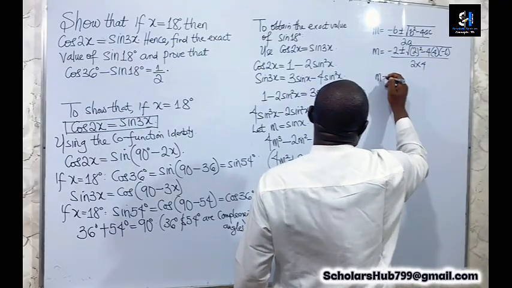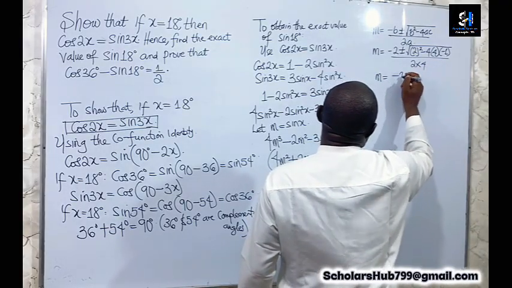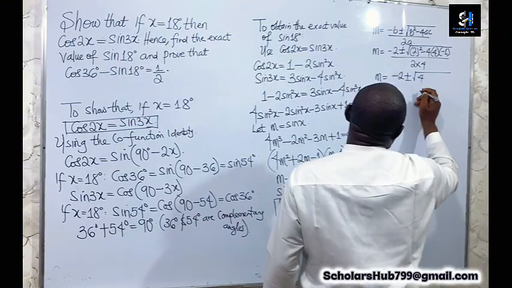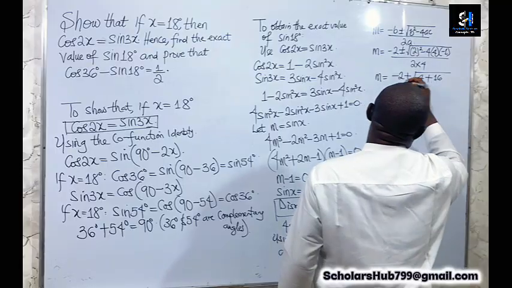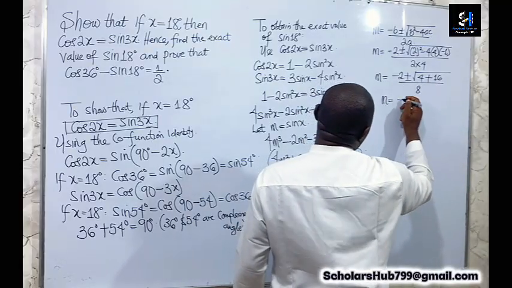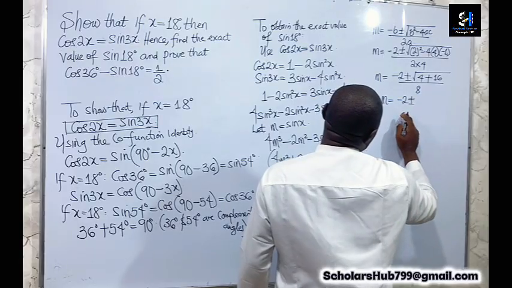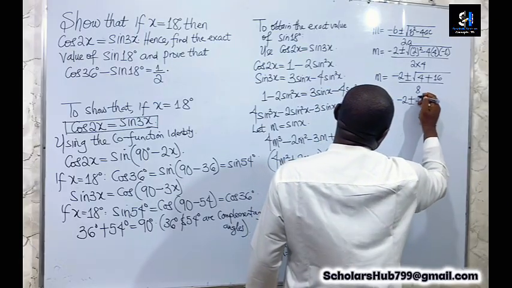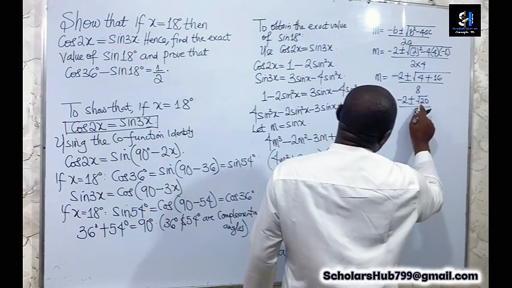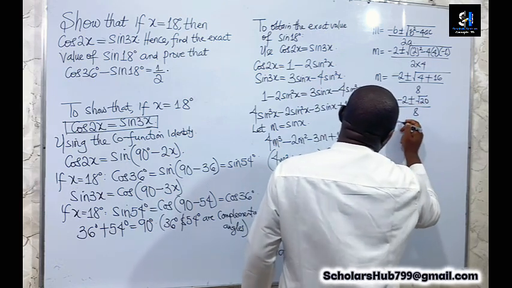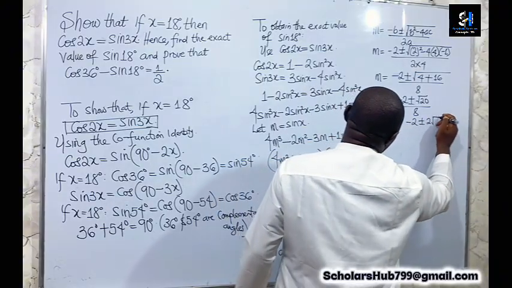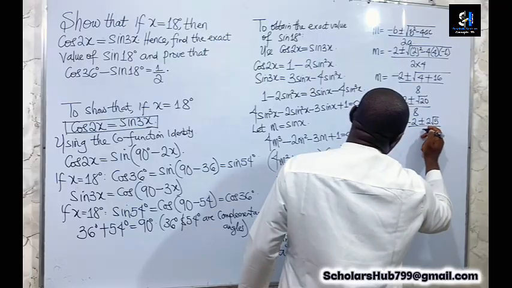So this will be m equals negative 2 plus or minus square root of 2 squared minus 4 times a, which is 4, then multiplied by minus 1, which is c, all over 2 multiplied by 4. So m will be equal to minus 2 plus or minus square root of 4 plus 16 over 8, so m will be negative 2 plus or minus square root of 20 divided by 8. Now for this, we have m equals minus 2 plus or minus 2 root 5 divided by 8.